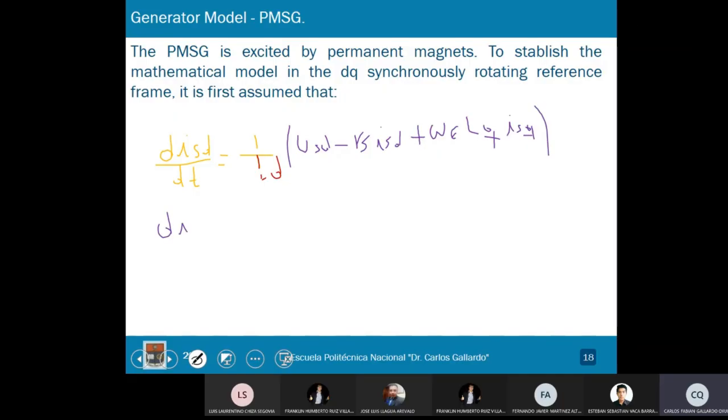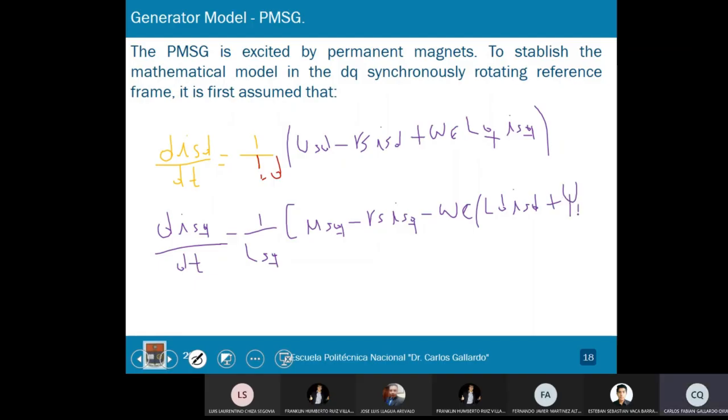What about the Q axis? So I will have here my second equation. The derivative of the stator current on Q axis is equal to 1 over the stator inductance on Q axis times the stator voltage minus the stator resistance times the stator current on Q axis minus the electrical angular frequency times the direct axis inductance times the stator current on the D axis plus the permanent magnet flux linkage.